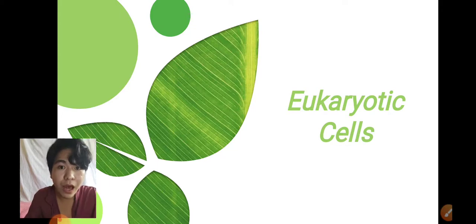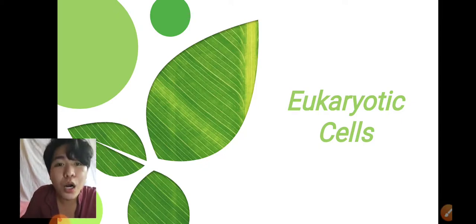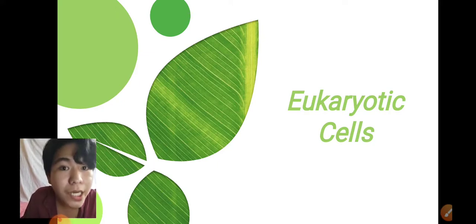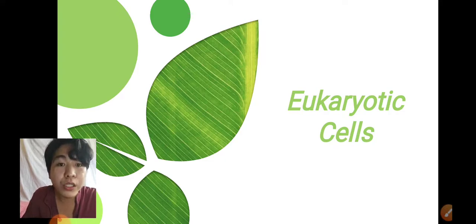Humans. Because our cells have a nucleus. Compared to prokaryotic, which doesn't have a nucleus. Therefore, the best example of prokaryotic is bacteria. Even though they don't have a nucleus, they do have a nucleoid wherein it contains their genetic material.